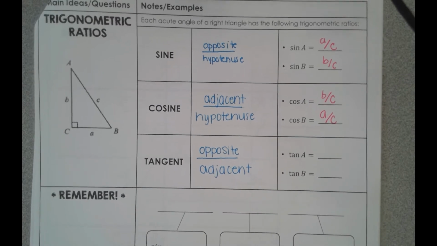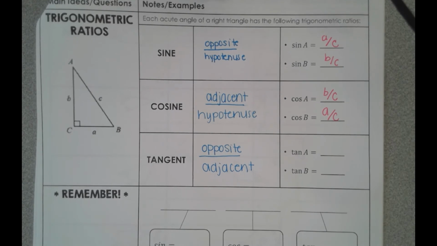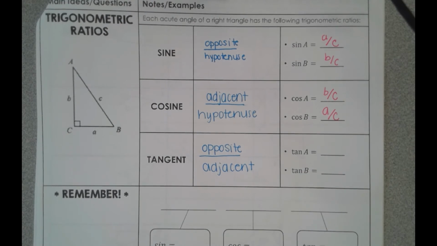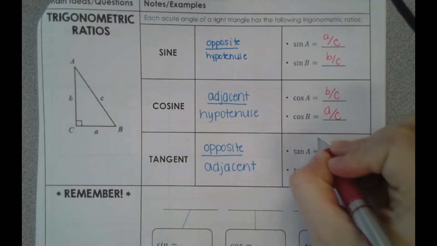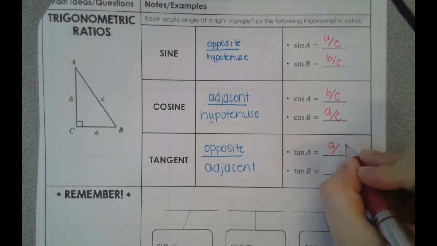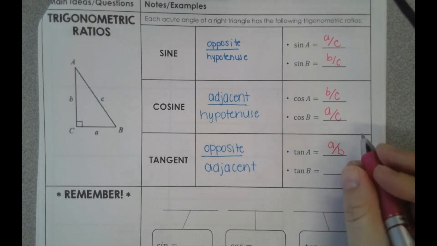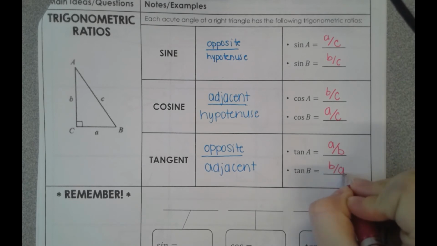So see if you can fill in tangent of A and tangent of B. So tangent of A, that's a over b, and tangent of B is b over a.